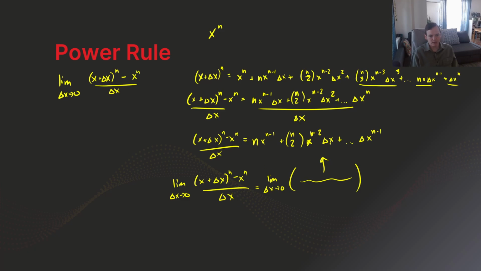When I send delta x to 0, that's going to drop out all these terms towards the end, and I'm going to get just n times x to the n minus 1. And you'll notice that is the result of our power rule. So this is the derivative of x to the n by definition. And then I expanded and reworked all of this to get an equivalent expression on the right, which we've shown just now is n times x to the n minus 1, which is our power rule.